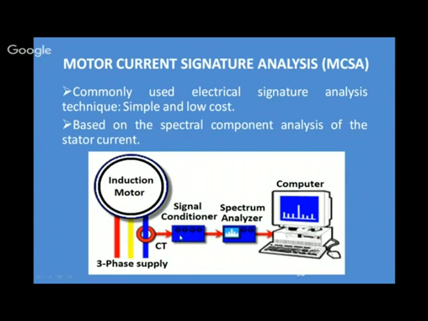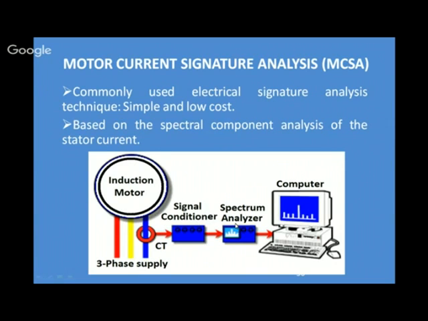This current is being fed to the signal conditioner to remove any noise in the supply. Then we have a spectrum analyzer which is basically converting the time domain signal into the frequency domain using the FFT analysis. Here we can see the different types of frequency components that are present in the current.